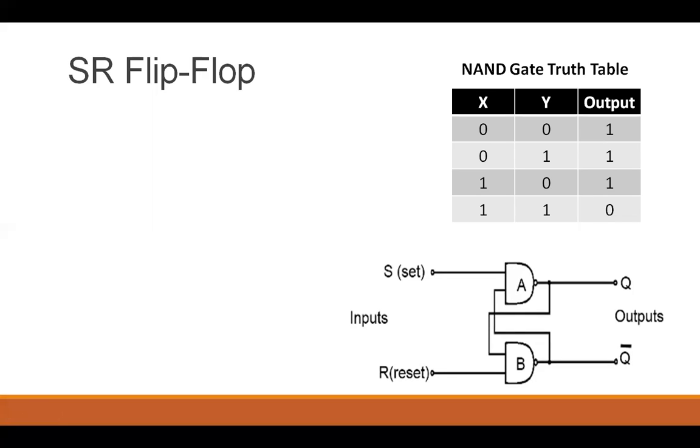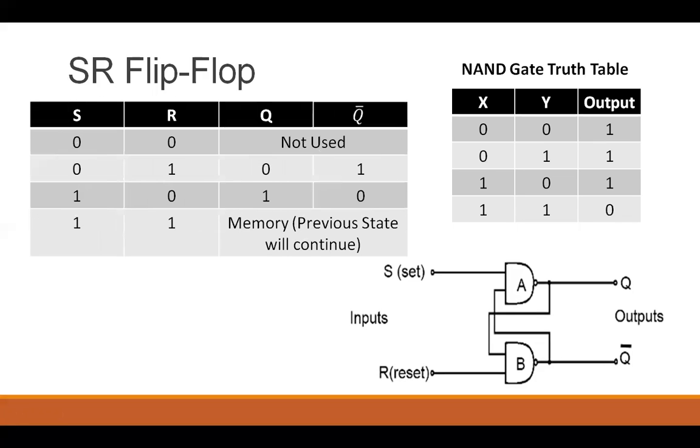Previously, I told you to start from the one side. Whenever you have a one in the input, you can be sure that the output is going to be zero. And when you have evaluated the circuit by the method that I have just shown you in the NOR gate portion, this is the truth table that you should have at the end.